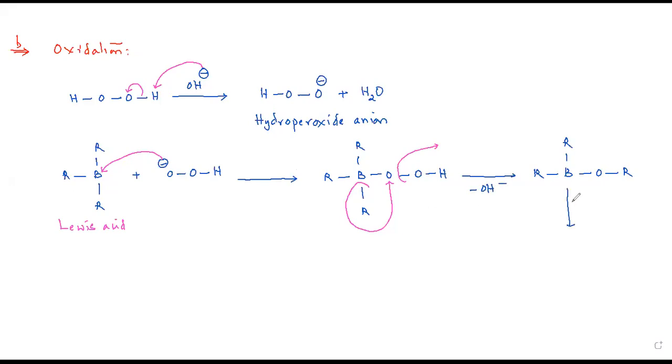Do the same for 2 more times. See, we get RO, RO along with this old RO. This is a kind of ester called trialkyl borate ester.